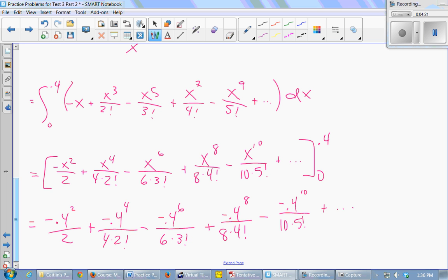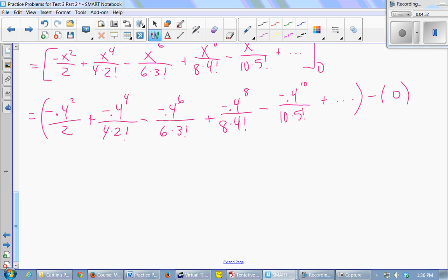And when I plug in 0, I just get 0. So the fundamental theorem says plug in the 0.4, then plug in the 0. And when I plug in the 0.4, that's it, then I'm done. You could maybe simplify that a little bit, but don't bother. So this is going to be your answer.